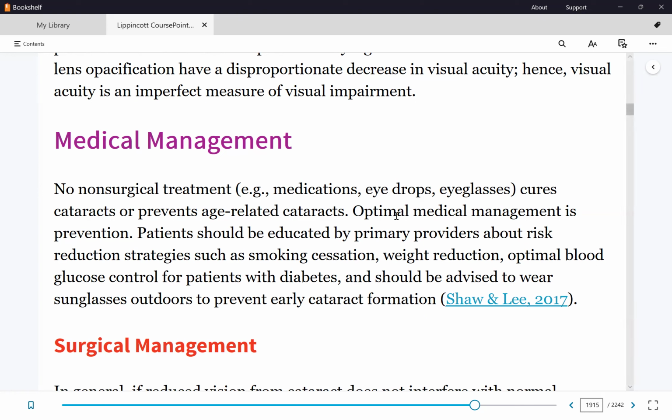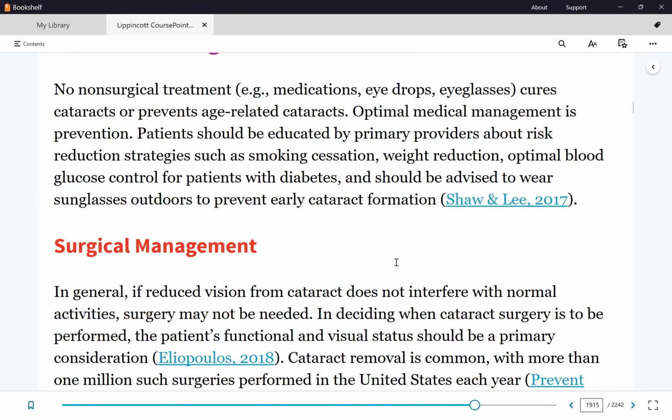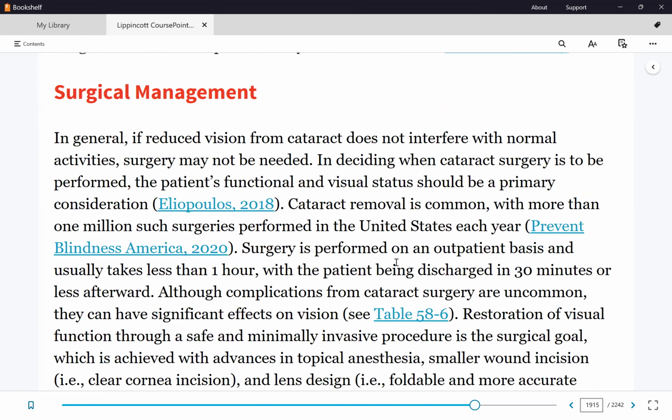Now, these strategies here can decrease the likelihood of them getting worse or progressing faster: smoking cessation, weight reduction, glucose, and blood pressure control as well. We'll get to the surgery shortly.